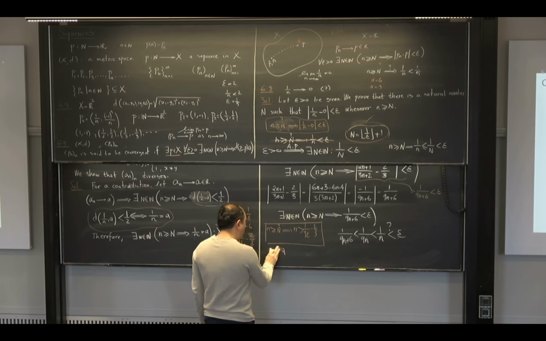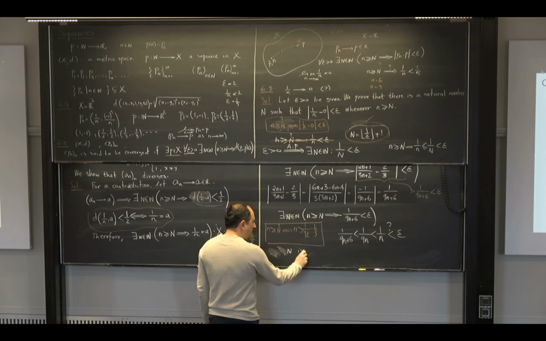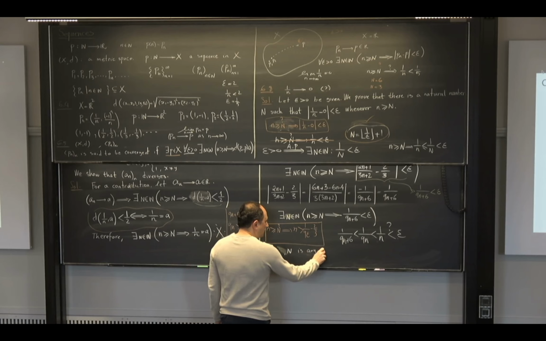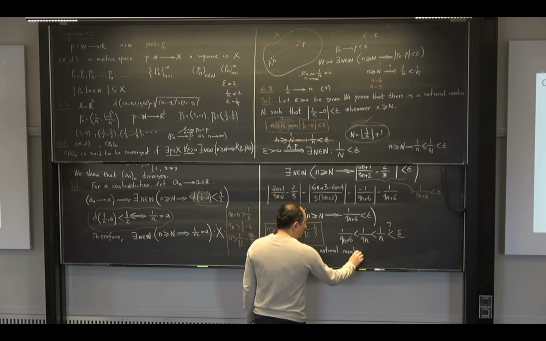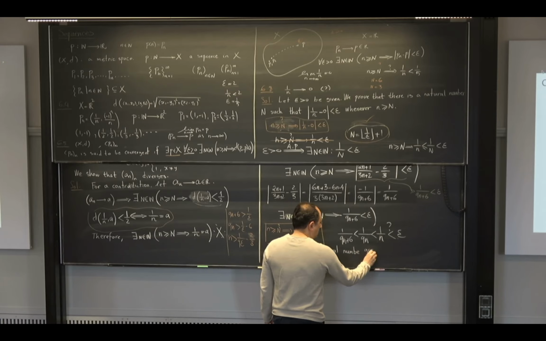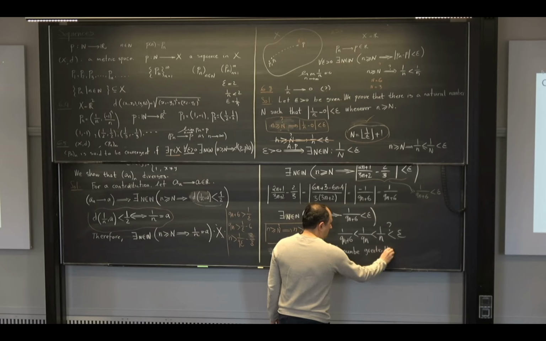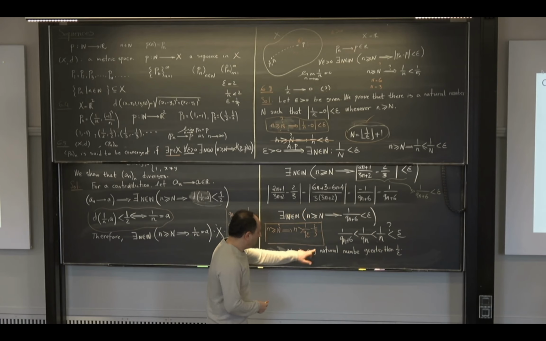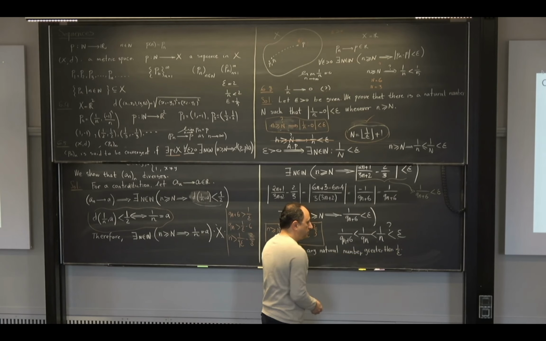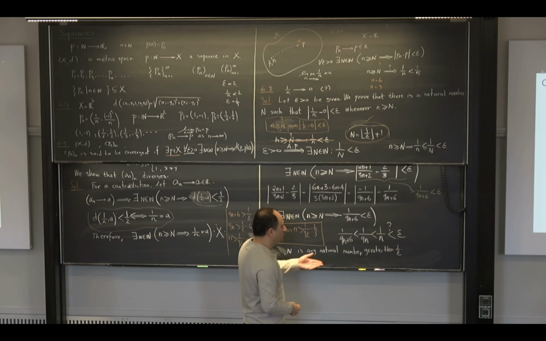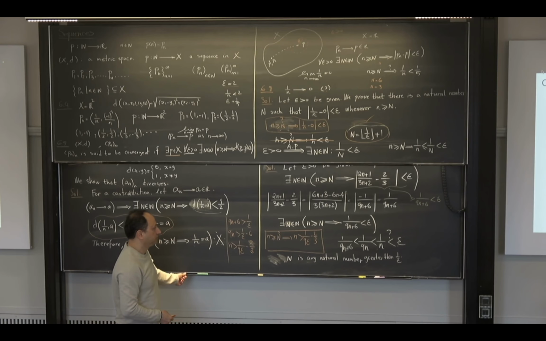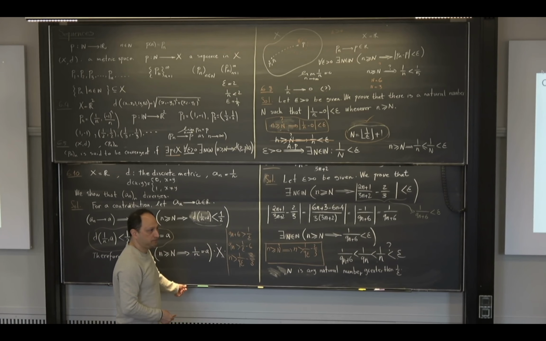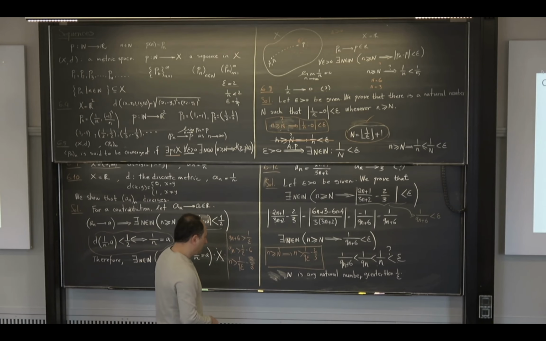Okay, so what I can say is n is any natural number greater than 1 over epsilon. Do you agree? Because if n is any natural number greater than 1 over epsilon, then 1 over n becomes less than epsilon. And I am done. Okay? Understandable?